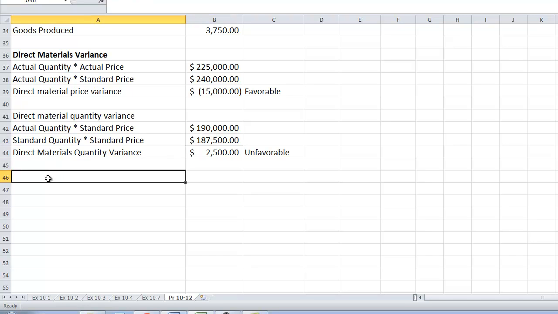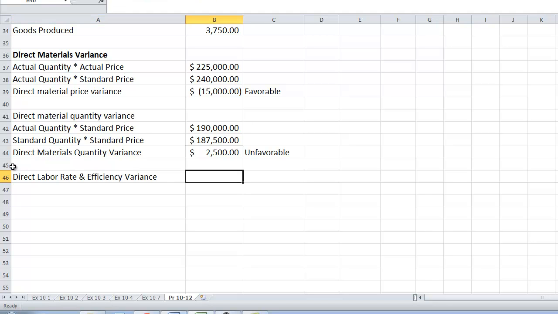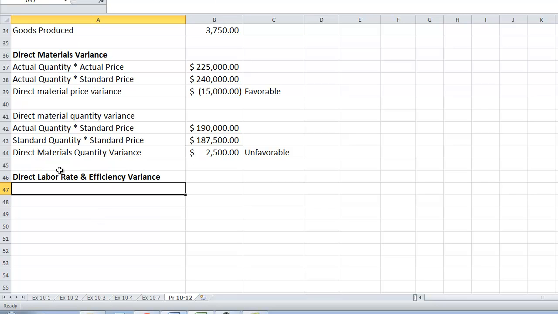Now let's see how we did in labor, rate and efficiency variance. We're going to have to take actual hours times actual rate.